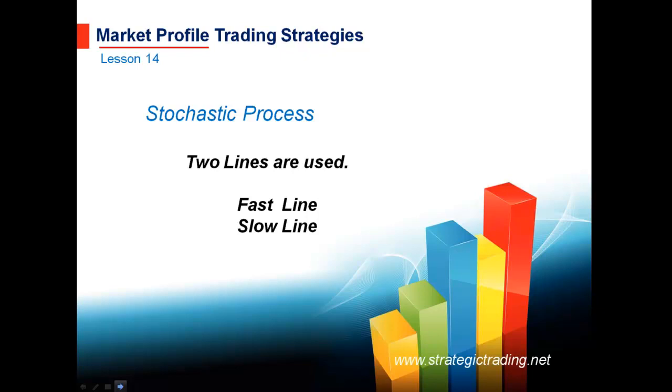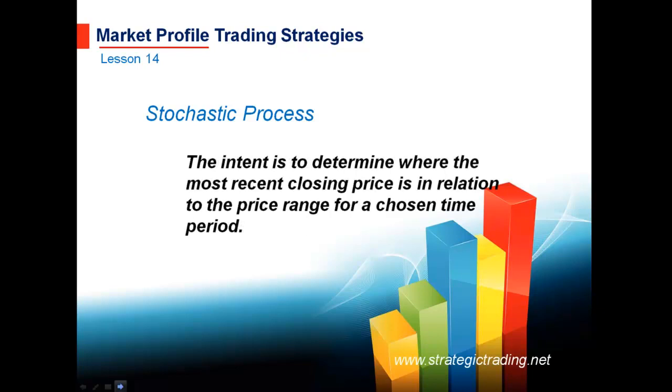So we have a fast and a slow line, and the intent of the stochastic process really is to determine where the most recent closing price is in relation to the price range for a chosen time period.